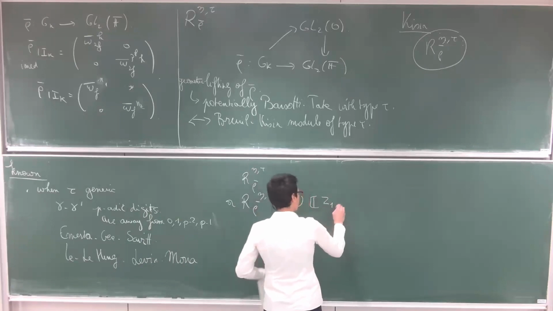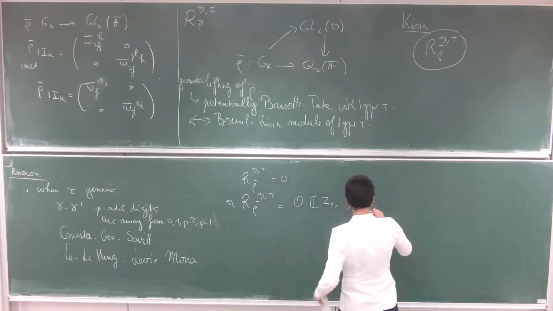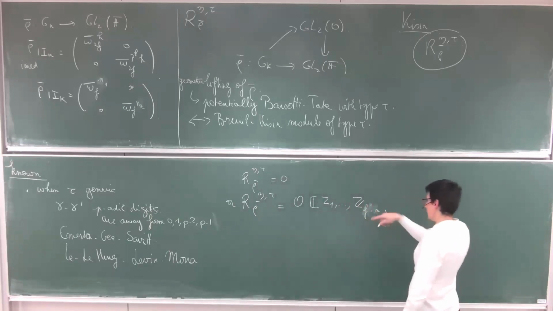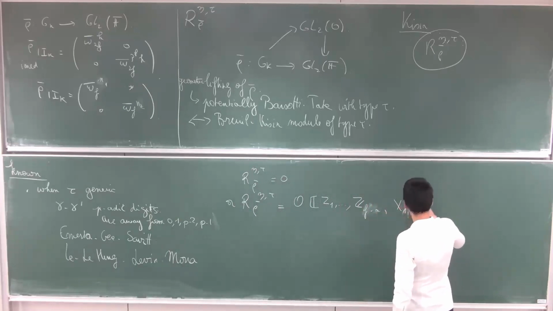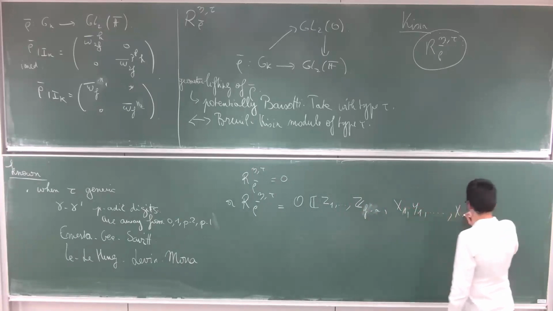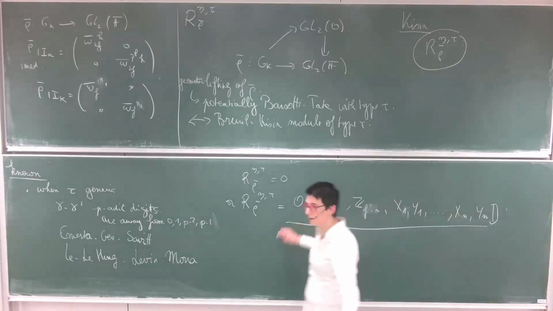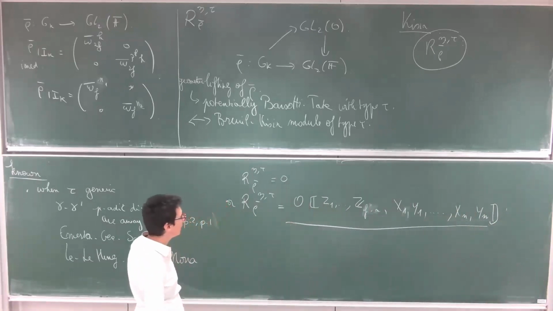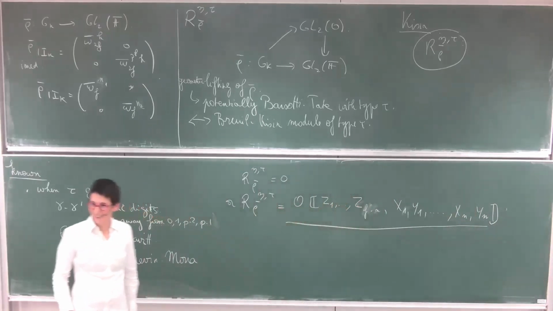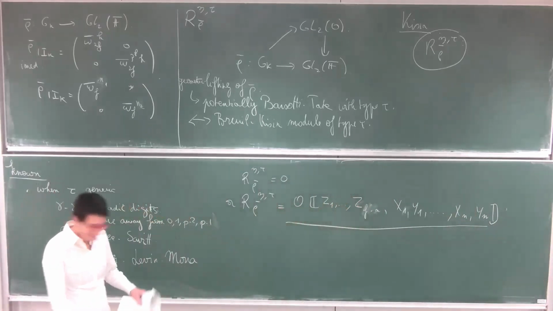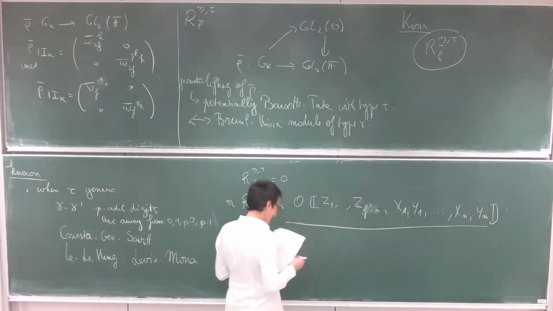A formal ring with a variable, and also some other variable. Oh yes, this is not the integer. Thank you very much.